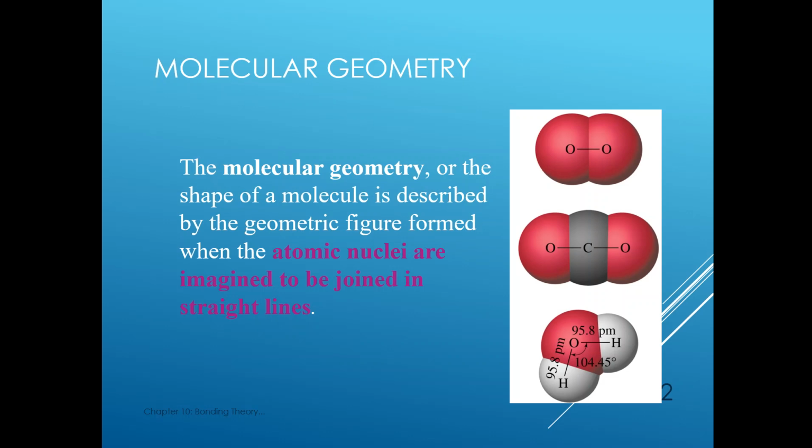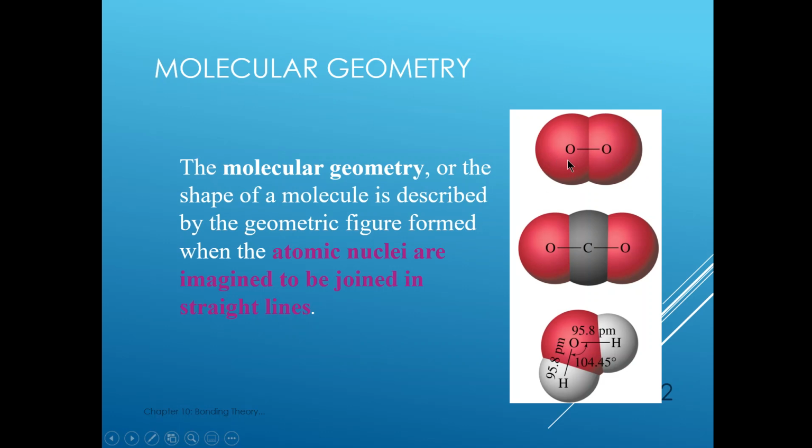And what you see on the screen here are three examples of molecules, all right? The first one is the oxygen molecule, which we all know is a diatomic molecule, right? Now, because it's diatomic, the three-dimensional shape of this molecule will be linear, right? There's no other alternative. That's basically how things are. If you have two atoms in a molecule and they're bonded to each other, then this shape must necessarily be linear.